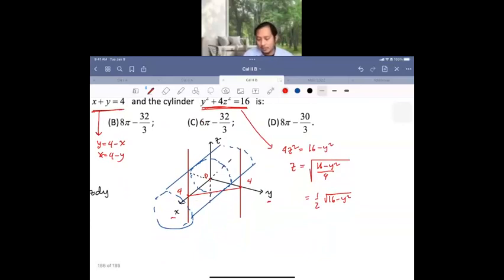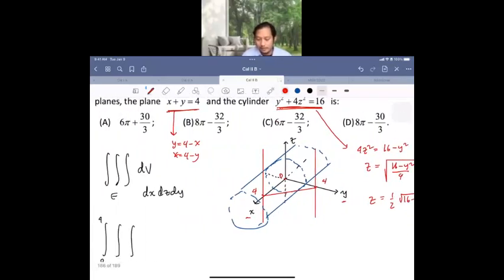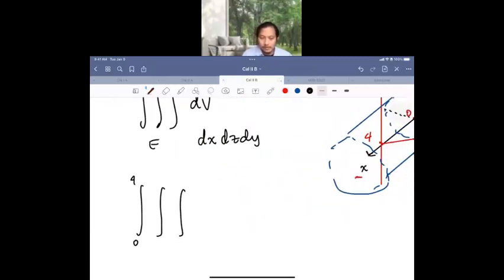Let's just write this as a function of y, z, so half the square root of 16 minus y squared.